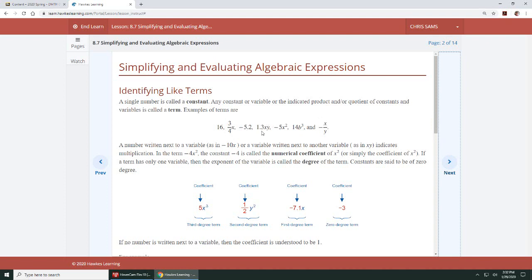So you have another one with a decimal number, a variable, and another variable. So it can have more than one variable. So you can be multiplying more than one variable or dividing more than one variable together. But as long as it's all being multiplied and divided, it is one term. Okay, so notice you don't see addition or subtraction separating any of these terms.